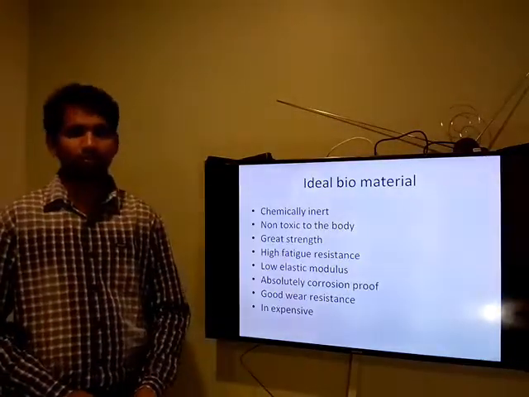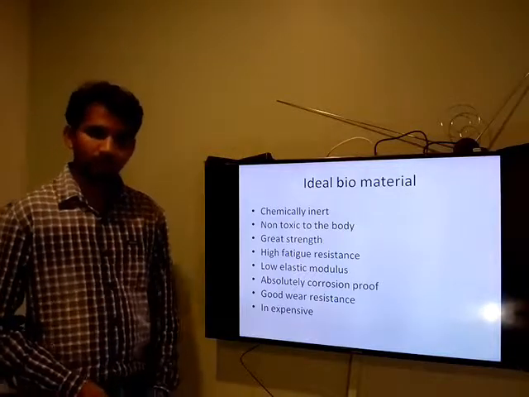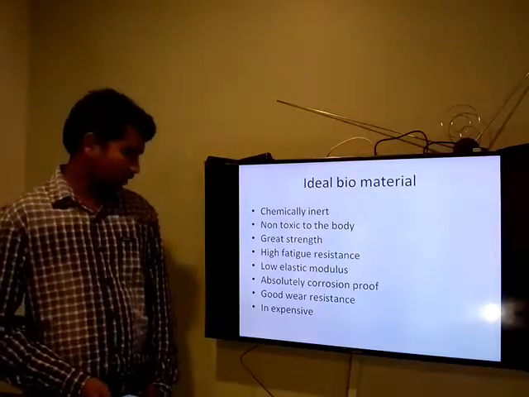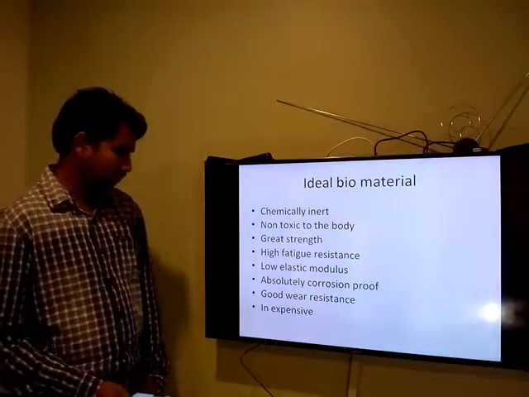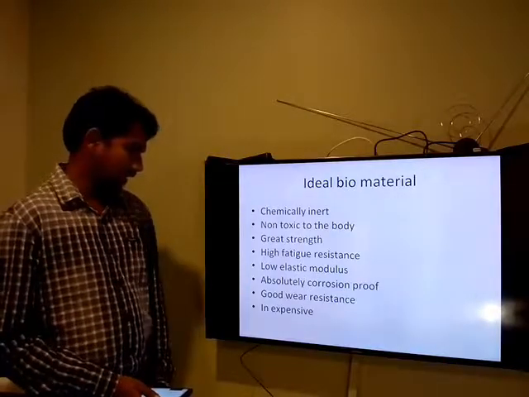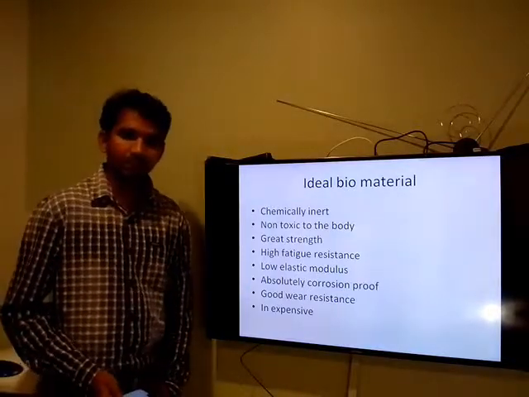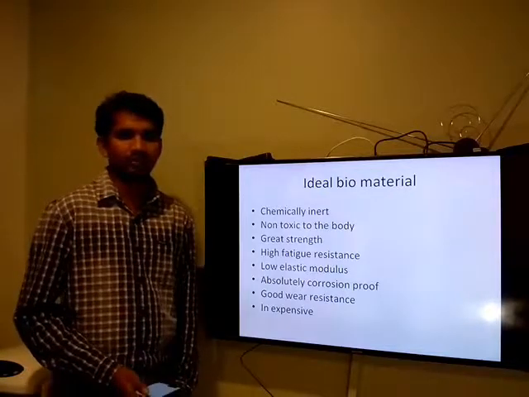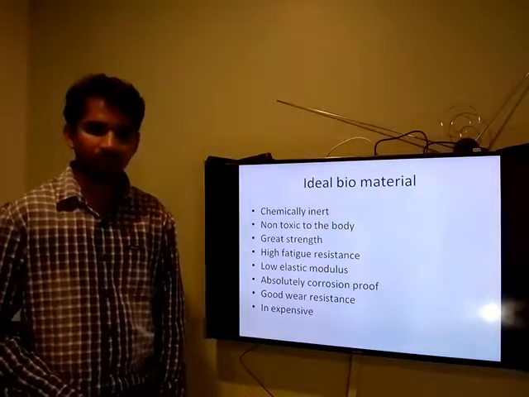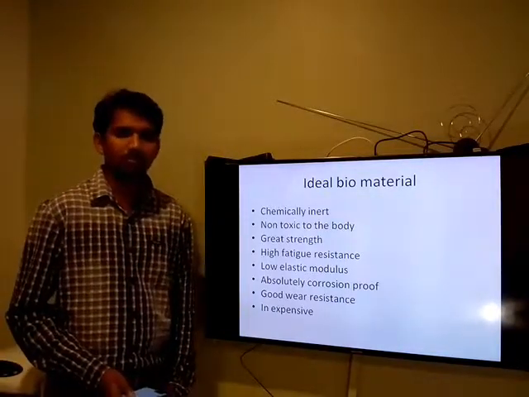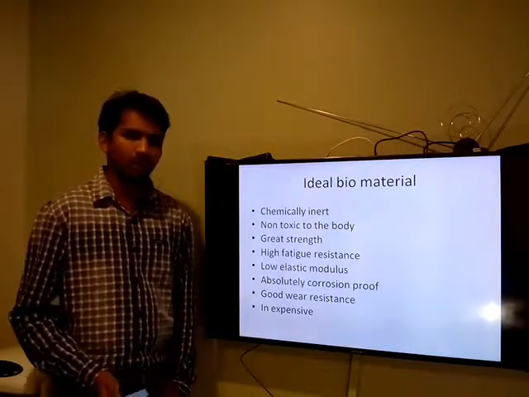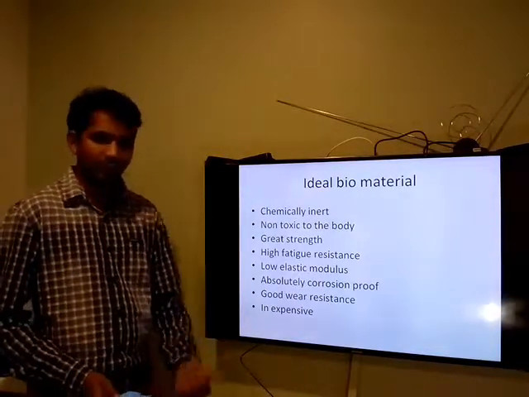An ideal biomaterial should be non-toxic, with good corrosion resistance, great strength, low elastic modulus, and inexpensive. I would rather say relatively inexpensive, because not every biomaterial is economical, but still we have to consider them as relatively inexpensive materials.